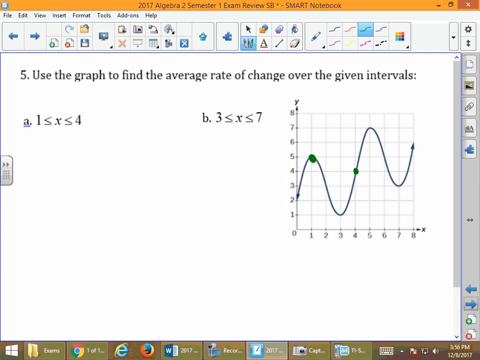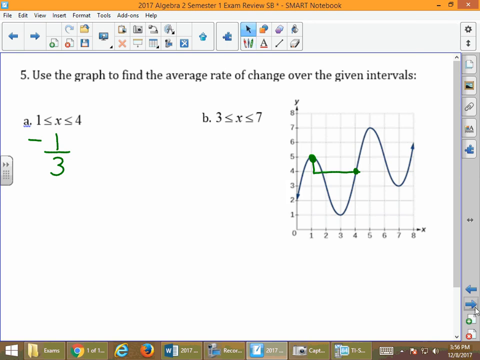Because average rate of change is rise over run, we can draw a picture. We went down 1, and we went to the right 3 spaces, so our average rate of change is 1/3, and in fact we went down 1, so it's negative 1/3.